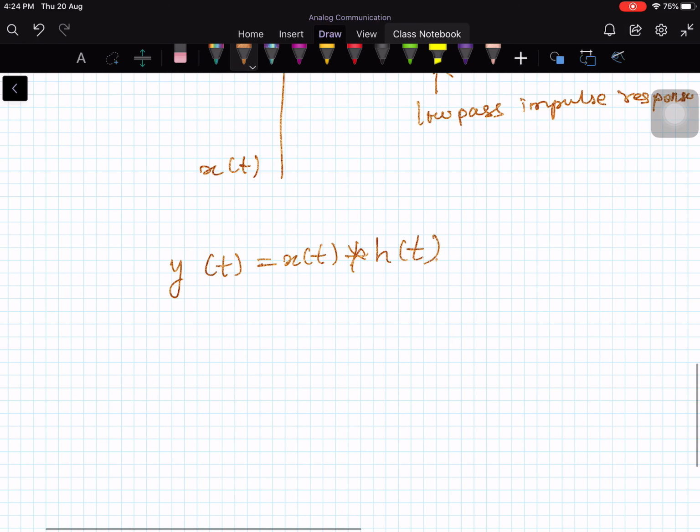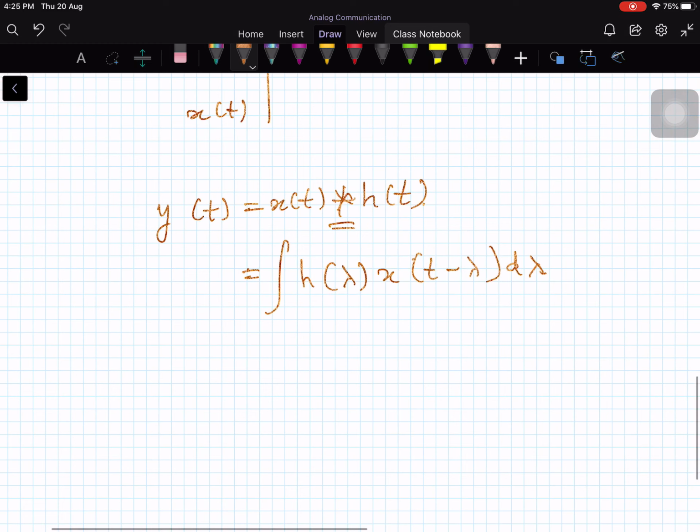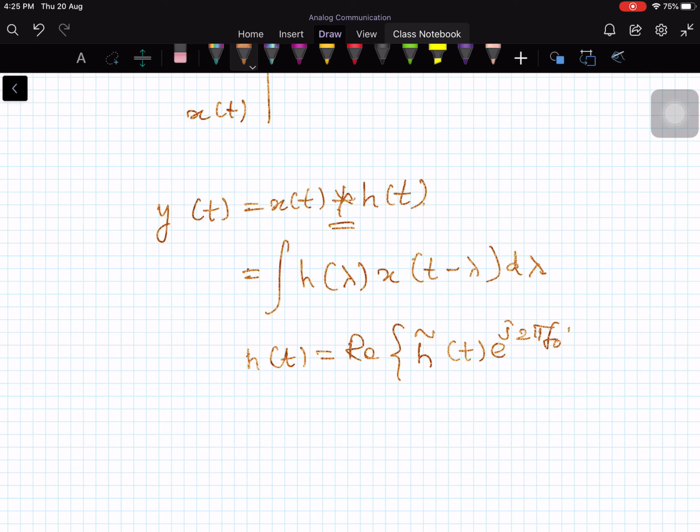Now you replace this convolution operation by the convolution integral, let's say h of lambda times x of t minus lambda d lambda. Now what is h of t? h of t is equal to the real part of h tilde of t e to the j2 pi f naught t, and x of t is equal to the real part of x tilde of t times e to the j2 pi f naught t.